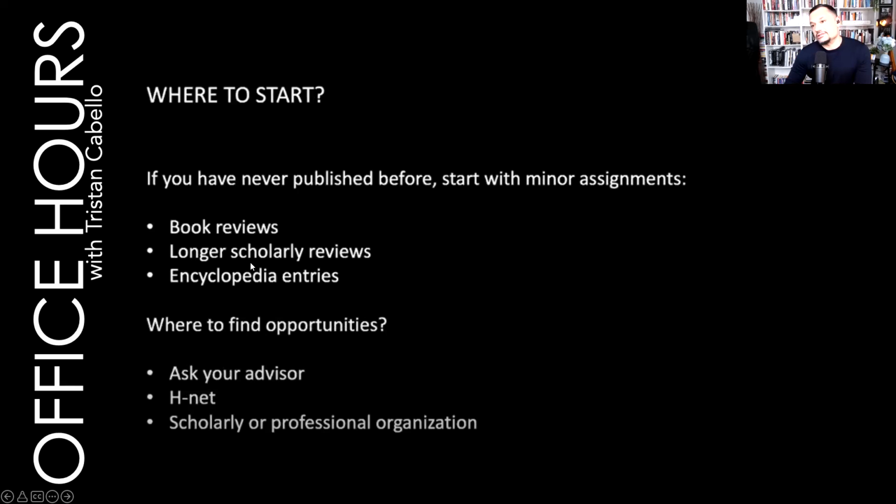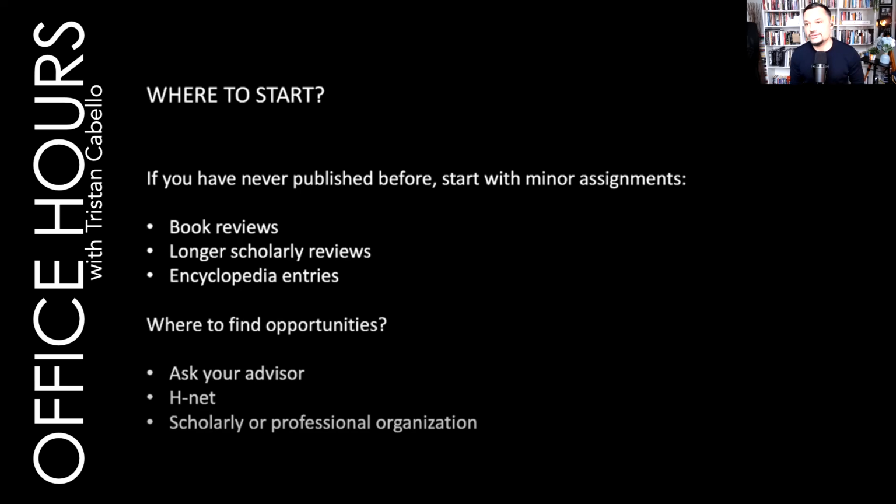So, where to start? If you have not published before, I think it's important to start with minor assignments. For example, you could start by publishing book reviews. You could start by publishing longer scholarly reviews. You can also publish encyclopedia entries if you want to. And there's a lot of venues where you can find opportunities to do so.